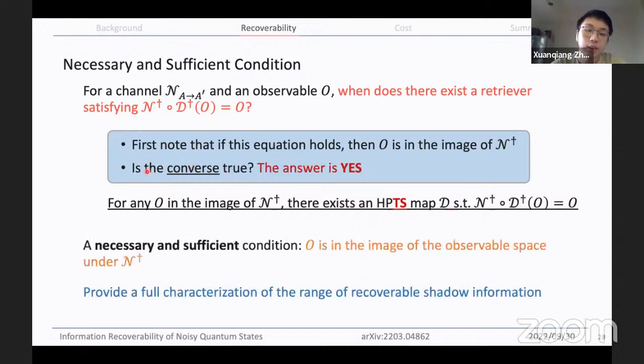So the answer is yes. And this forms a necessary and sufficient condition for a piece of shadow information to be recoverable. That is, the observable O is in the image of the observable space under the adjoint map N dagger. So this provides a full characterization of the range of recoverable shadow information.